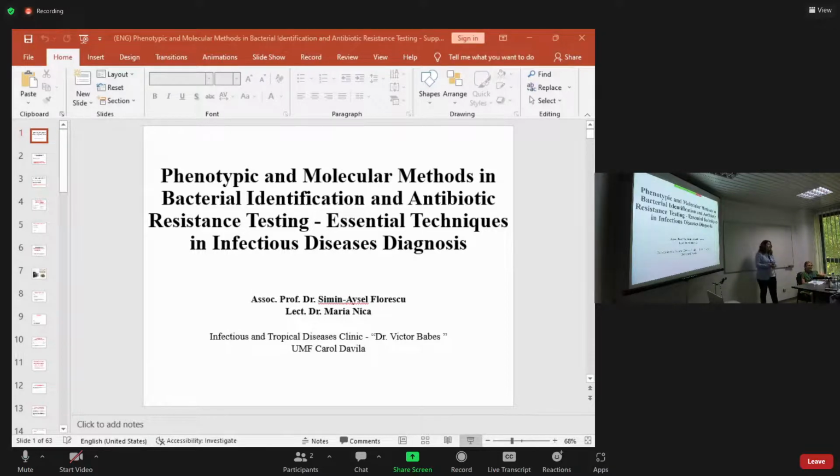She is the head of the laboratory in the Victor Babes Hospital, and she is also a very good microbiologist.